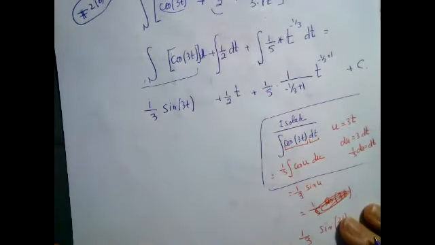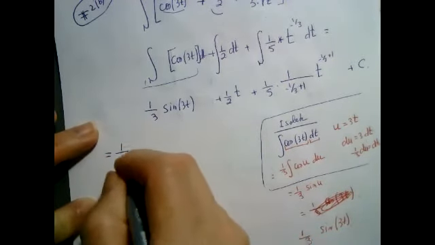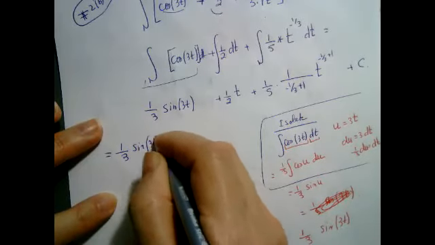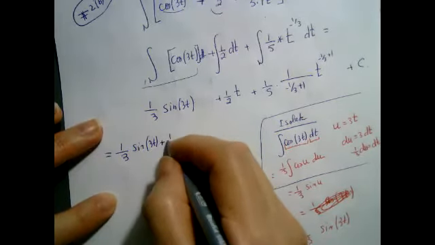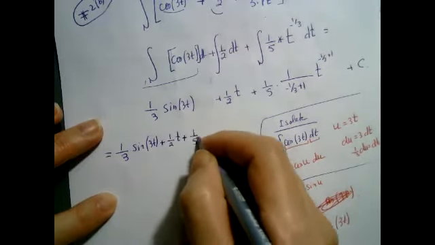And now I just clean it up a little bit. So let us clean this up. This is equal to 1/3 the sine of 3t plus a half t plus 1/5.